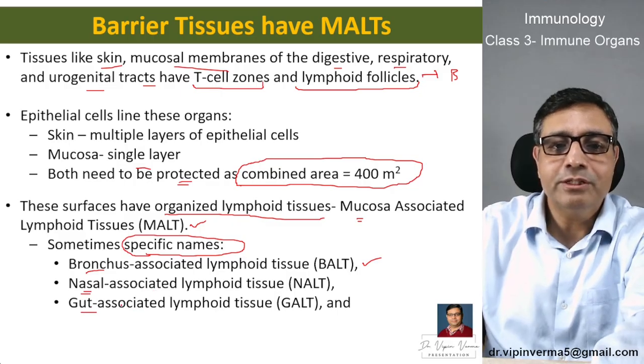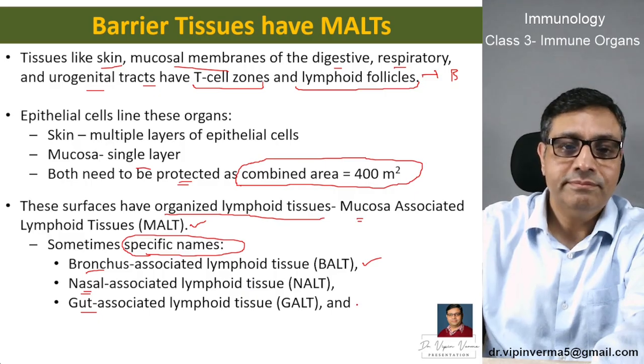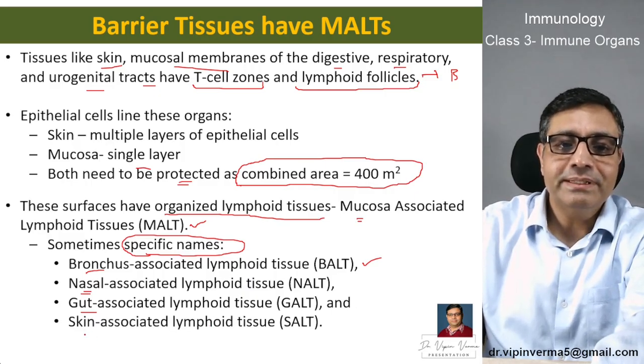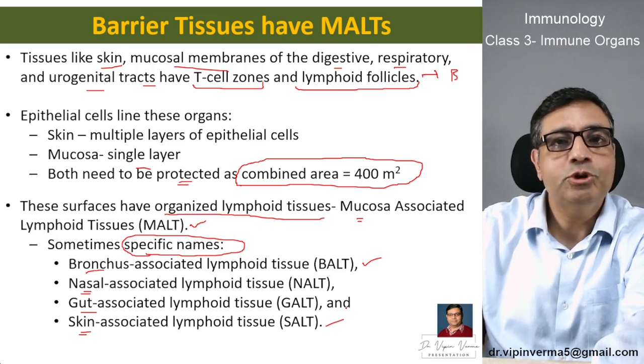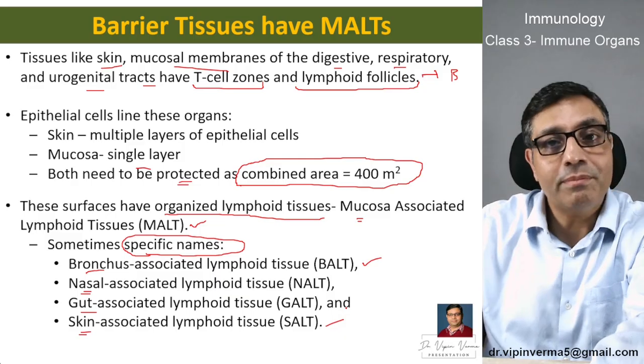Then we have gut associated lymphoid tissue if they are present in our alimentary canal. And if they are present in the skin, we call them skin associated lymphoid tissue or SALT. So BALT, NALT, GALT and SALT are some of the tissue specific MALTs, but they are MALTs.